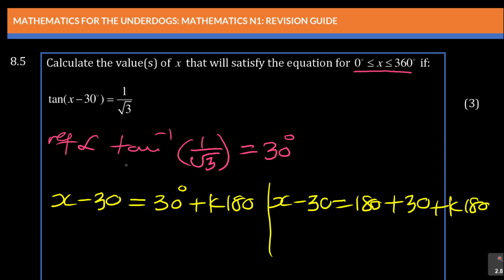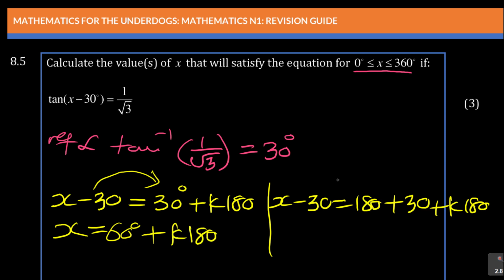And then from there, take this to the other side. You have x equal to 60 degrees, because 30 plus 30, plus k 180. Let's see whether it gives us the same answer. When you take it to the other side, x is equal to 180 plus 30, which is 210, and then 210 plus 30 is 240, plus k 180 degrees.